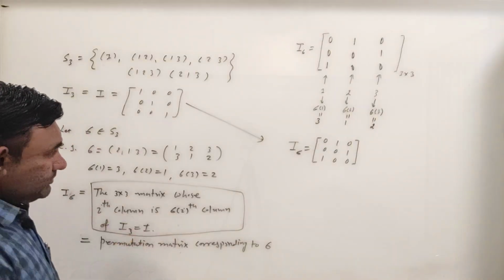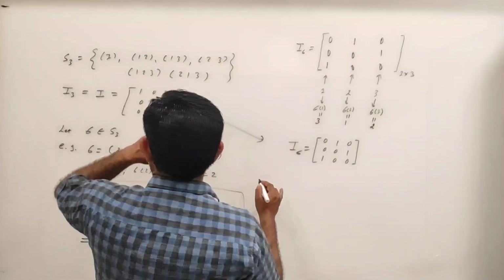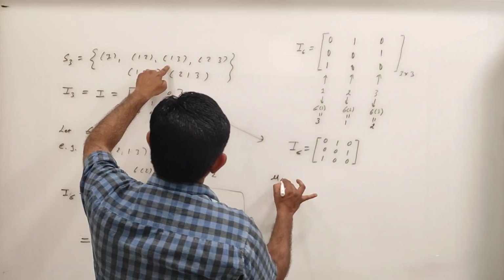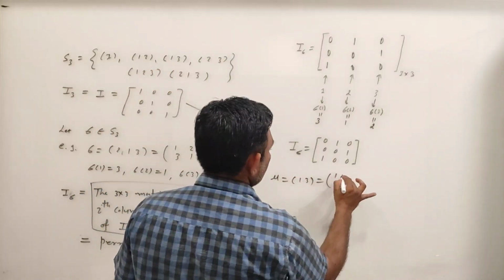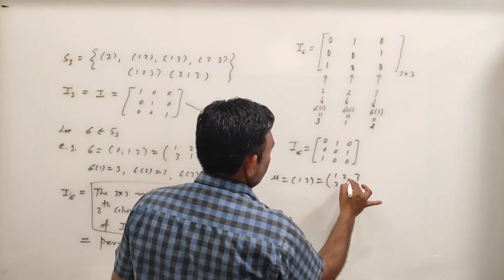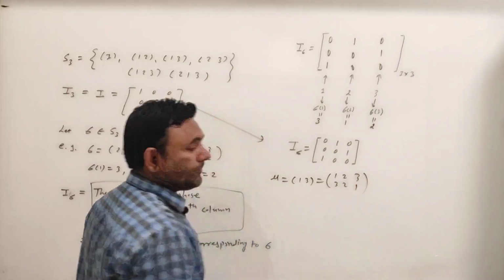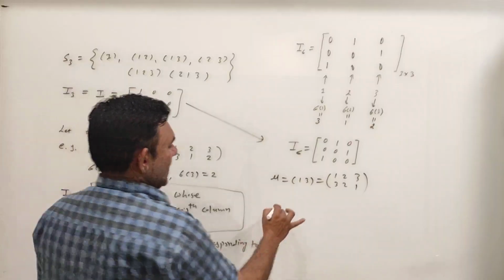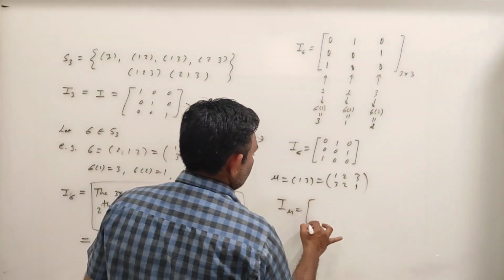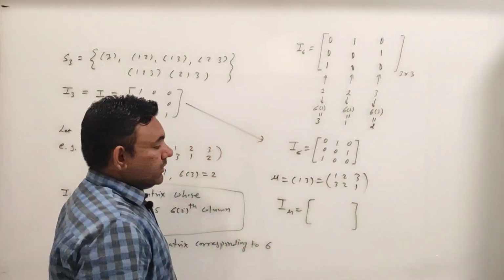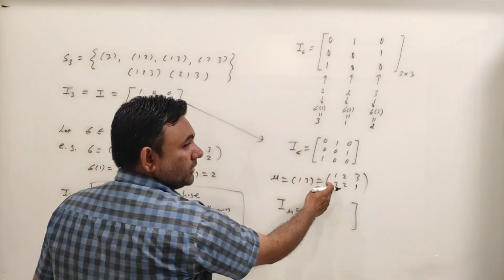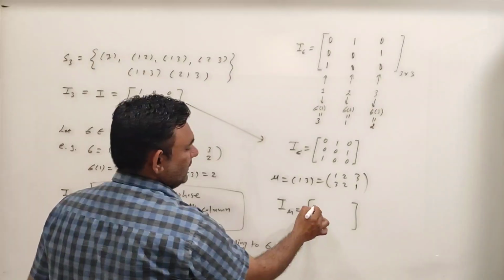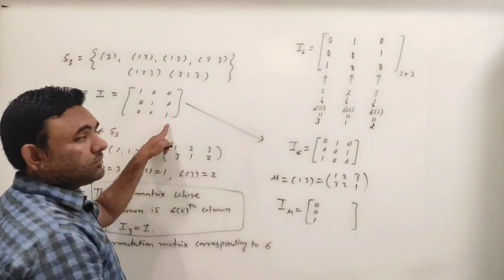So let me consider another one. Say mu is equal to (1 3). So (1 3) means, for 1 2 3, 1 goes to 3, 3 goes to 1, and 2 goes to 2, right? So what will be I mu? Let us write directly. For the first column, 1 maps to 3, so you write the third column of the identity matrix, that is 0 0 1.